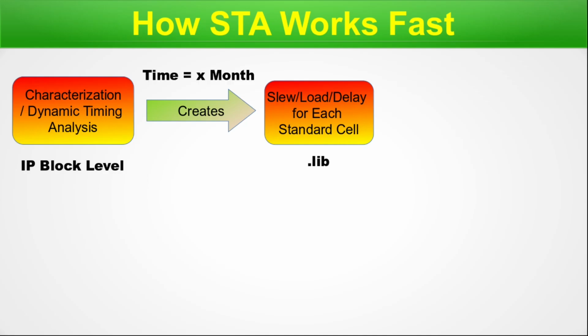Thus, with the manpower and effort spent over multiples of a month, slew, load and various kinds of delays are pre-characterized and put into a text format called .lib, which is also known as Liberty file. This file also contains basic information of each standard cell.